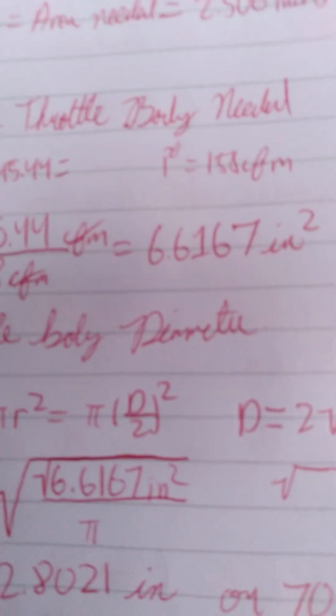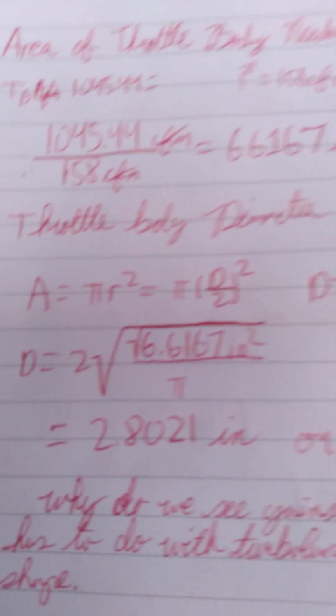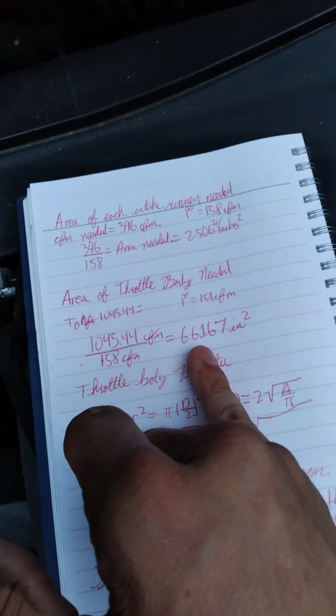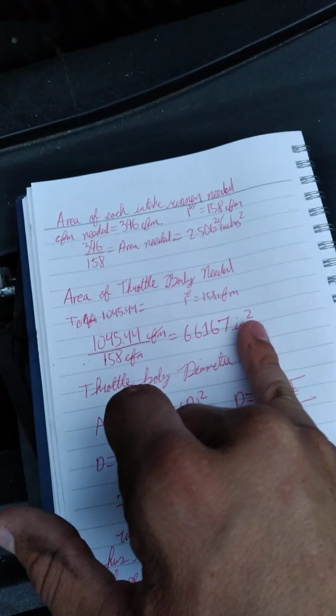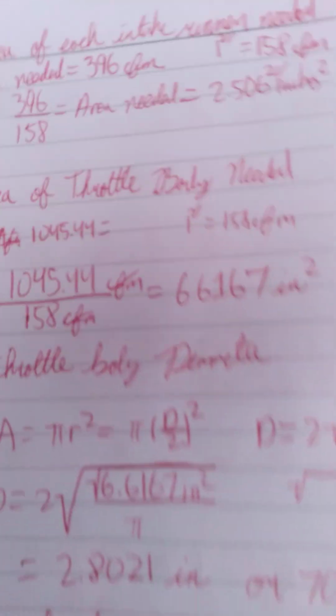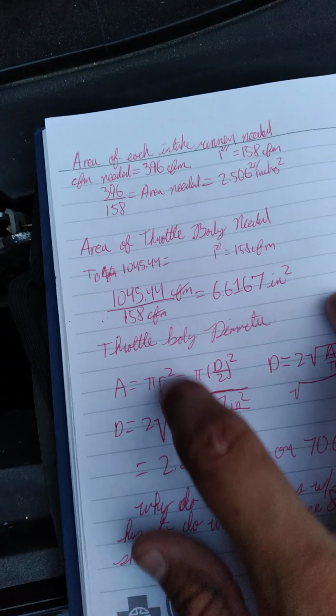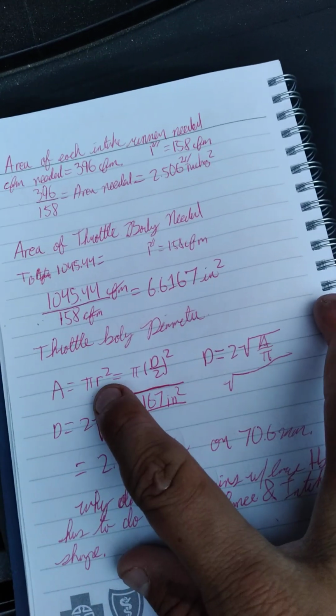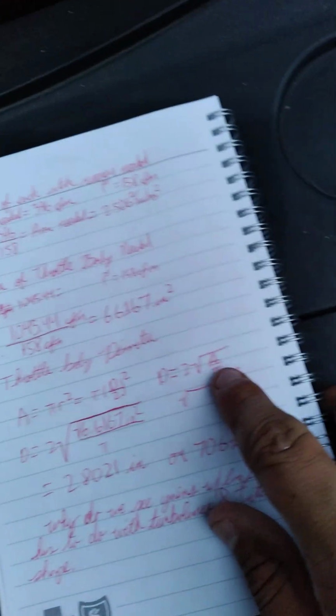And then the area of the throttle body needed, I did the math here. The area of the throttle body needed is 6.6167 inches squared. That's just the area, not the diameter. To get the diameter, we know area equals pi r squared, and the diameter d over 2 equals r.